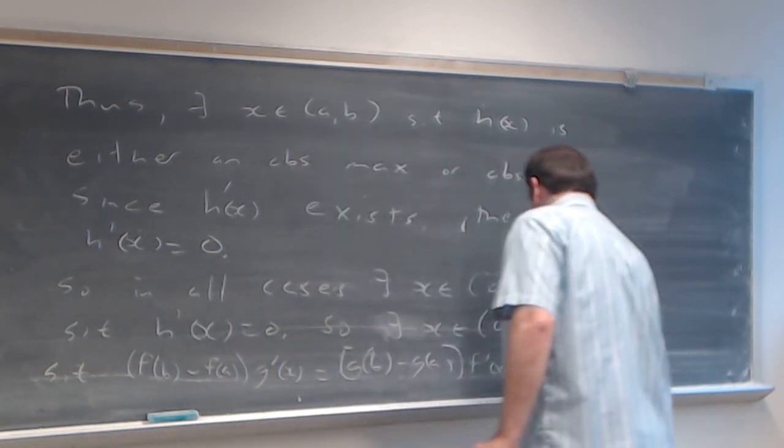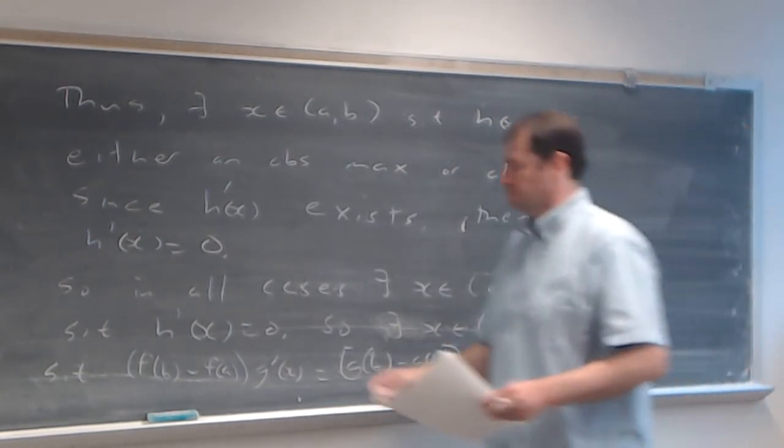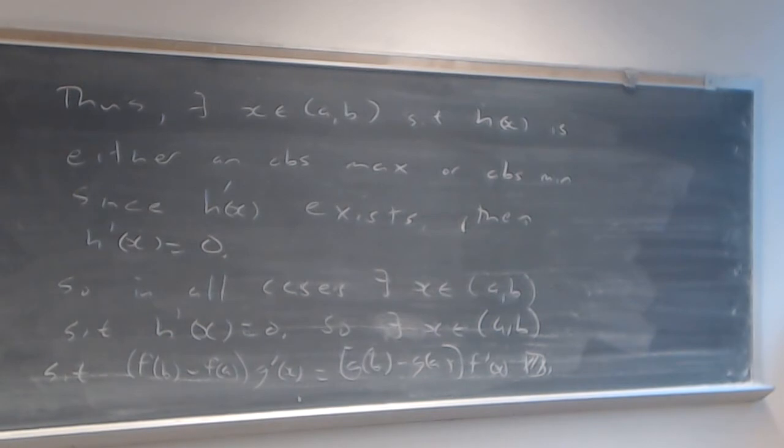And that concludes the theorem. So that's the Cauchy mean value theorem. We're going to use this Cauchy mean value theorem to prove something called the mean value theorem. And that's what's next.